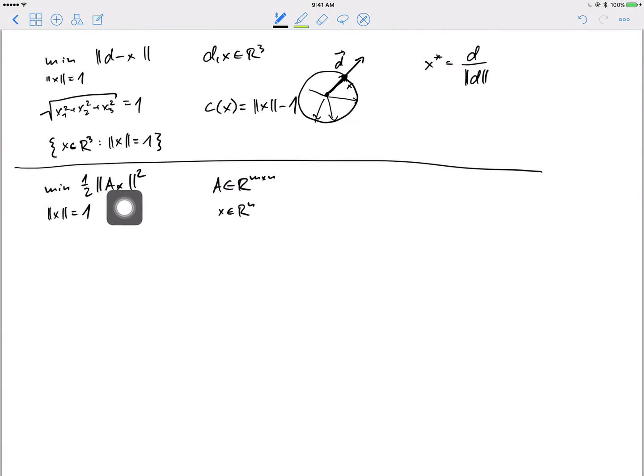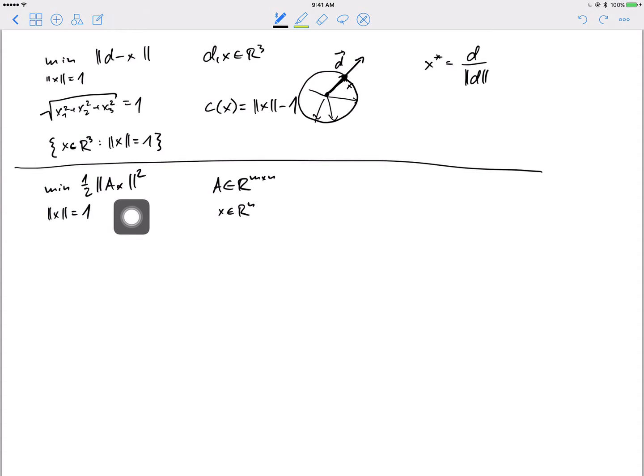But the funny thing is that now I have a matrix here, and I'm minimizing the squared norm of Ax. First things first, this is clearly a non-convex problem immediately. You have a single but nonlinear equality constraint, immediately non-convex, just like in this case.